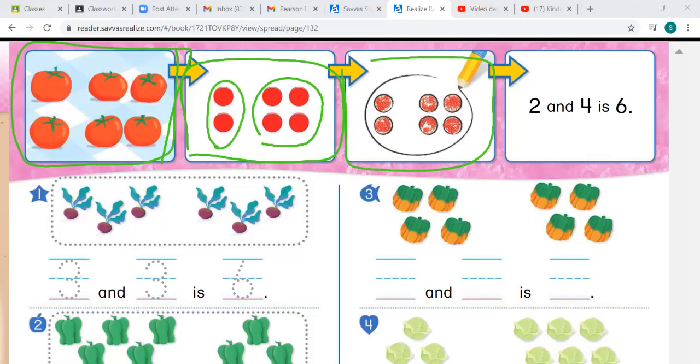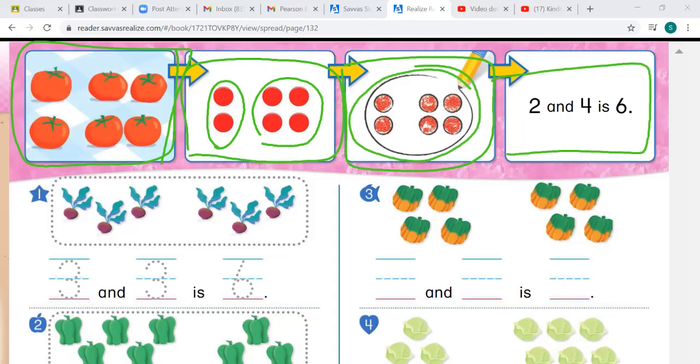Let's look at our third box here. What do the drawings show? Well, it shows the groups of counters, right? What is one way to join the 2 groups? We draw a circle around the 2 groups.